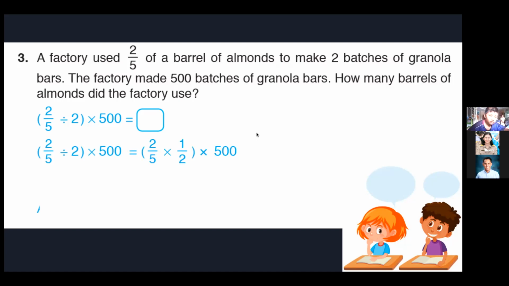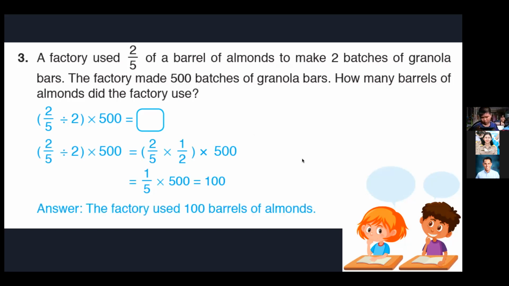And then you have 1/5 times 500. So 500 divided by 5, 1 times 100 is 100. Okay, so the answer, the factory used 100 barrels of almonds. Okay, so check your answer. I want you to finish this so you can review, because next week we have the midterm examinations in Google Form.